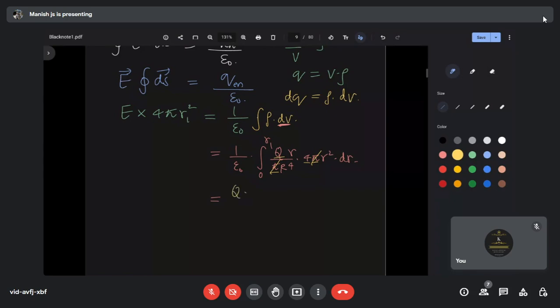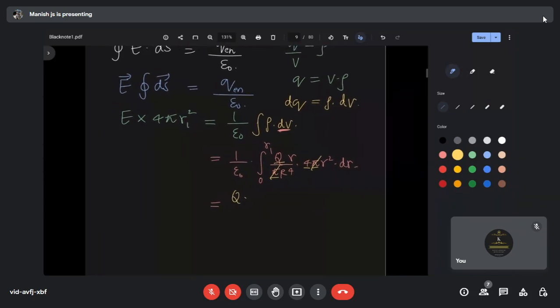So Q into 4 also you can take, or 4 you can cancel it off. Finally, I will just directly write the value. So Q into R square divided by 4 pi epsilon naught into r power 4. You will get it like this. This is the value you are getting.